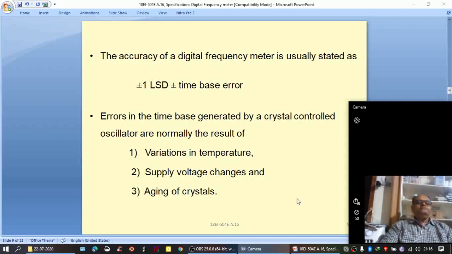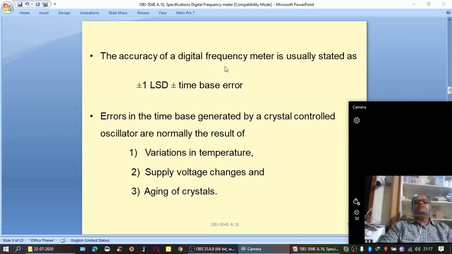Now, either because of the aging of the crystal or because of supply voltage fluctuation to the crystal oscillator circuit or because of the variation in component values in the crystal oscillator circuit because of variations in temperature, there may be a possibility of error mounting in the generated clock frequency. If it is 1 megahertz, it may not be 1 megahertz, maybe one cycle less or one cycle more. That is called as time base error.